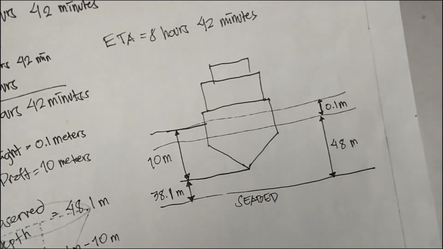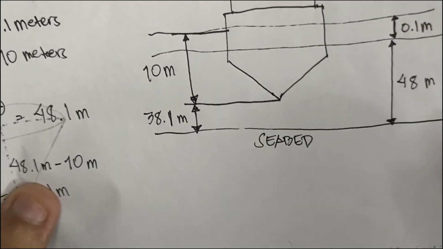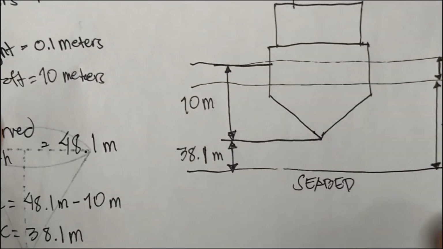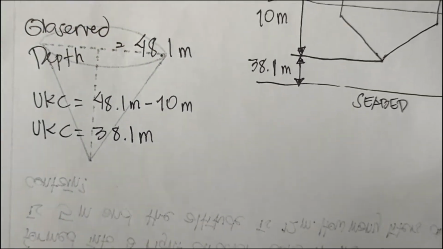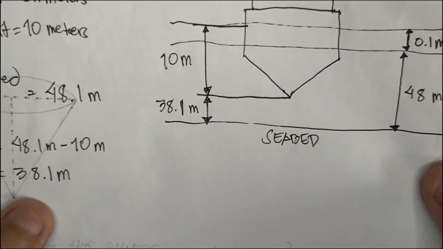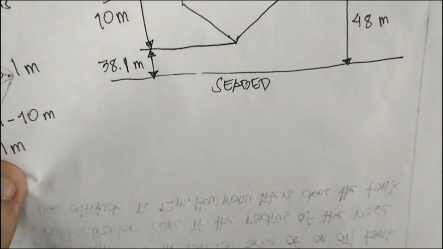So in finding the UKC of the vessel, we need to subtract the ship's draft from the observed depth. In Diamante Rock, we have an observed depth of 48.1 and a ship's draft of 10 meters. So we need to subtract 10 from 48.1. So we'll have an under-keel clearance for the ship of 38.1 meters while it's traveling near Diamante Rock.